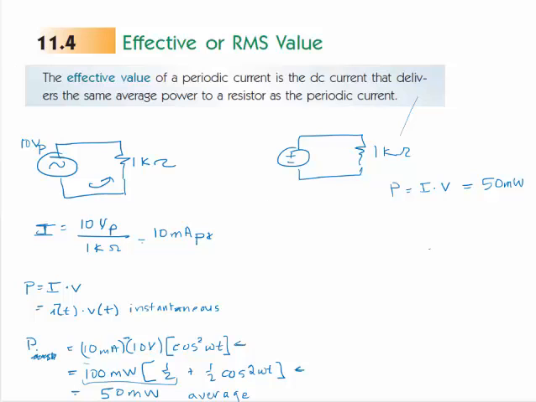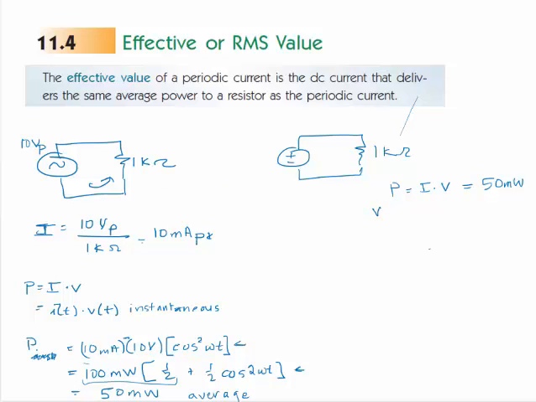So we want the same 50 milliwatts power dissipated in this DC circuit as a 1K ohm running at 10 volts peak, dissipating 50 milliwatts average in this AC circuit.